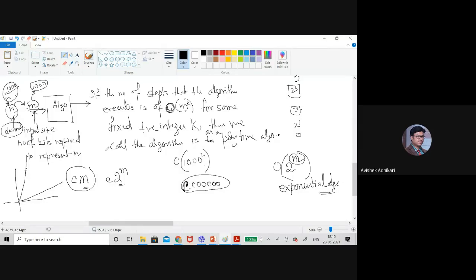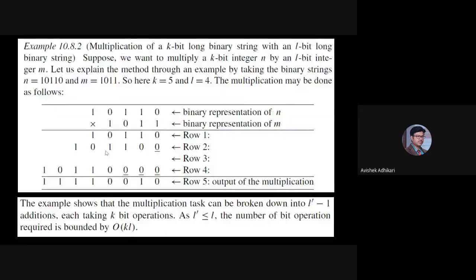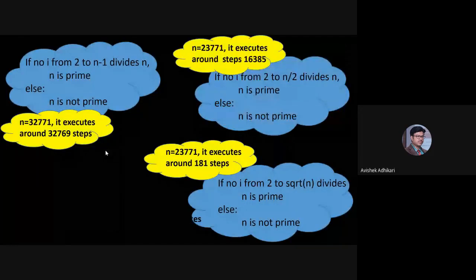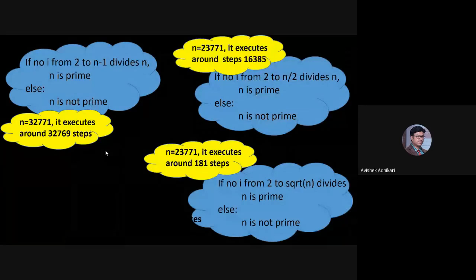Now just tell me, in my algorithm, is this a polynomial time algorithm? What is the complexity of this? Is it order of n? Yes, very good, order of n, but is it a polynomial time algorithm?